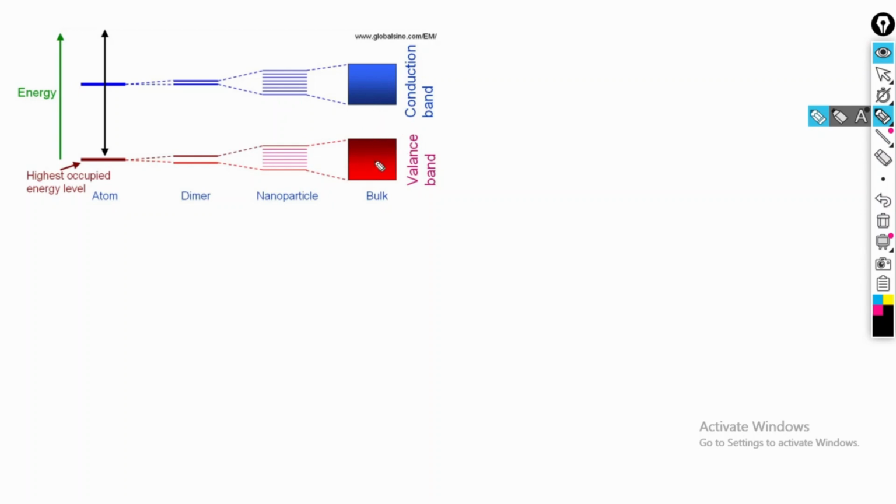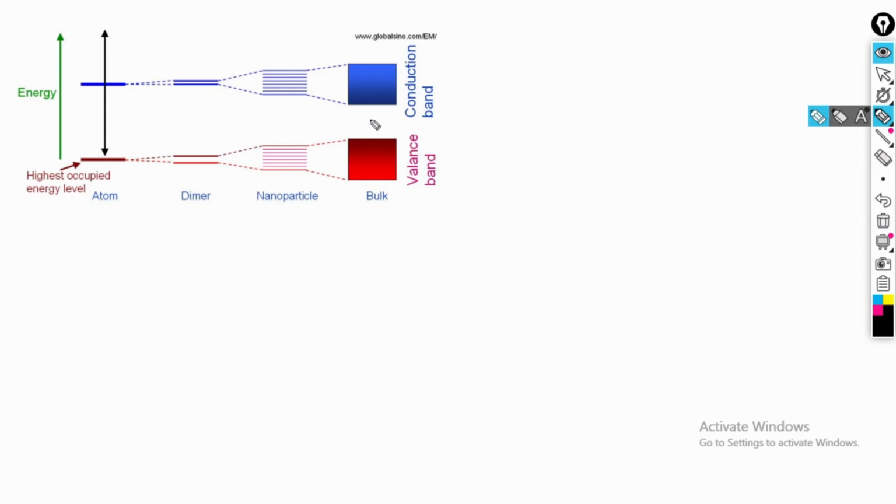The electron will be present only in these bands, and will not be present in the space between these two bands. Just like the electrons in the atoms will be present only in the orbit or in the shell, and will not be present between the orbits.